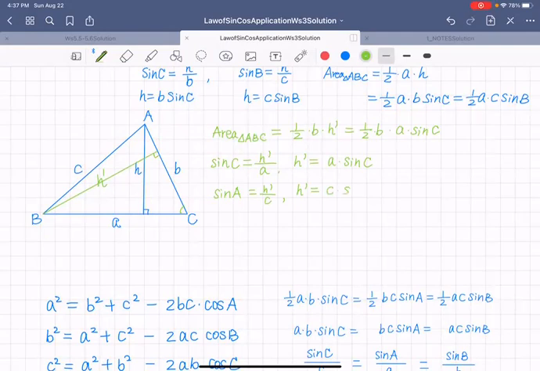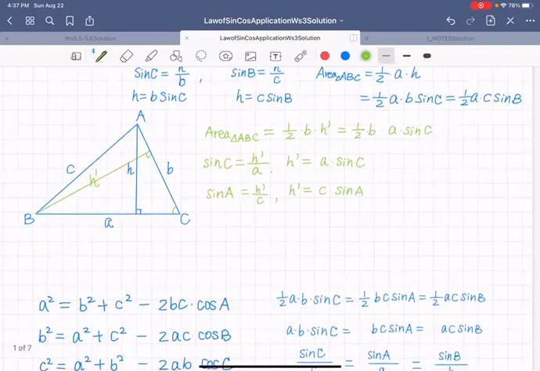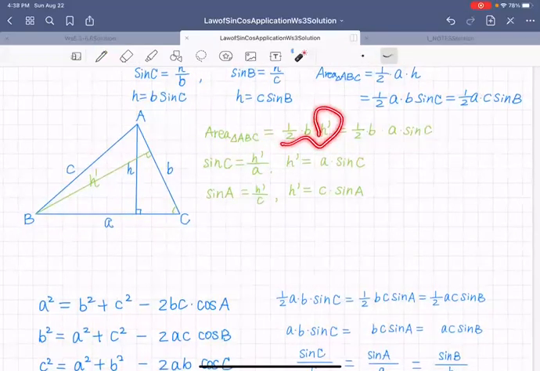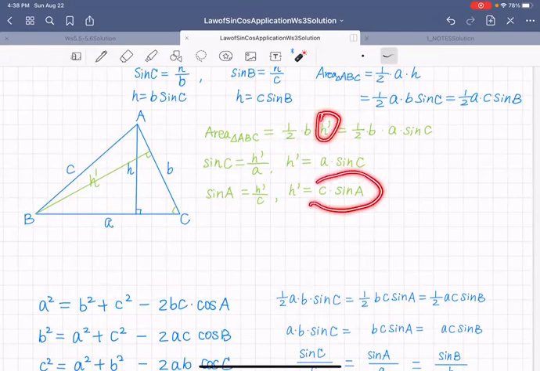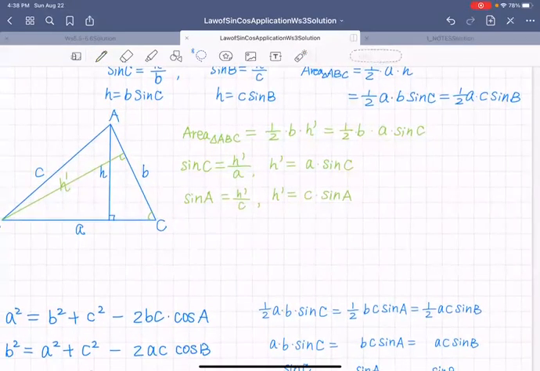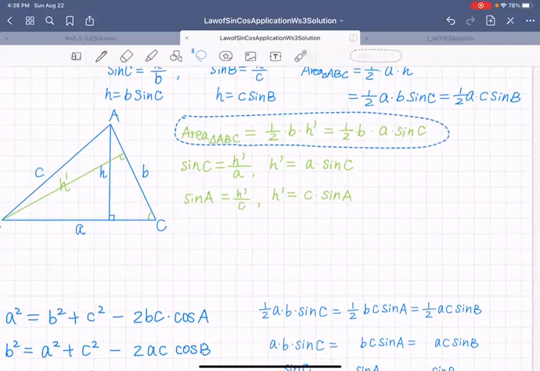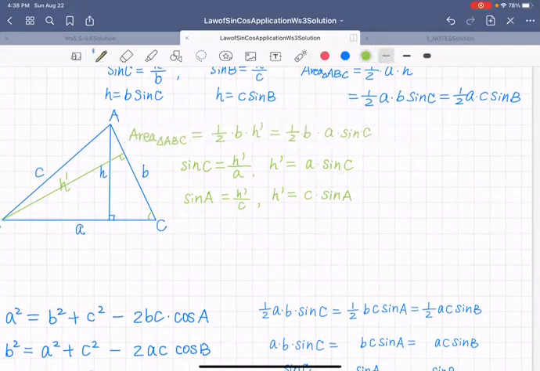C times sine A. Thank you. All right, so H prime can be replaced by this, correct? Yes. So this becomes 1/2 times B times C times sine A.